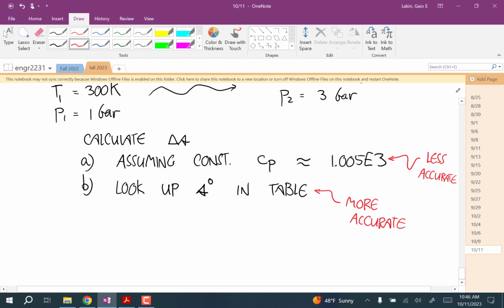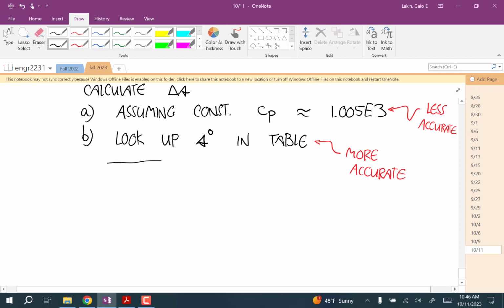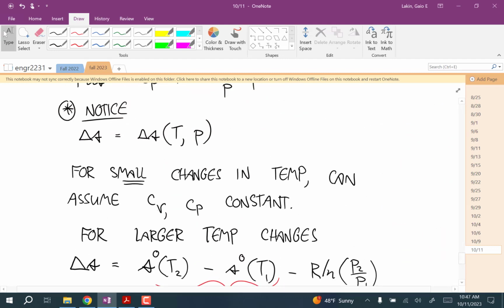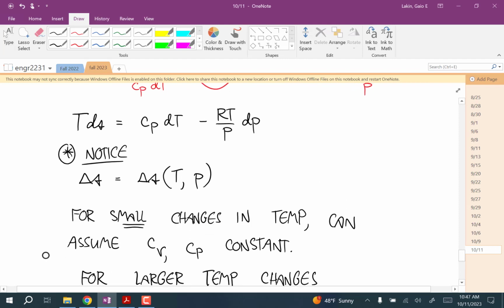Okay. So we're going to start with this equation.